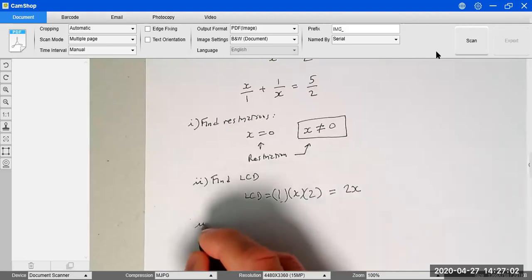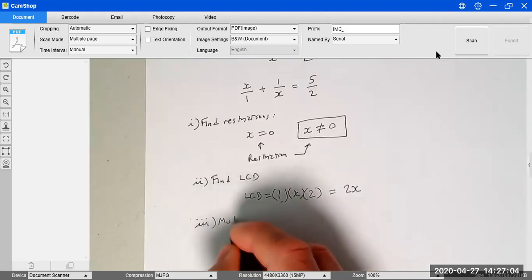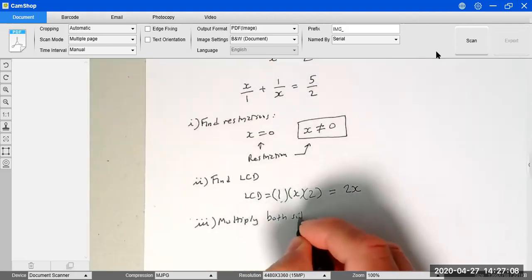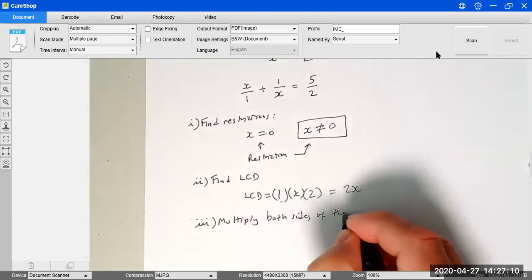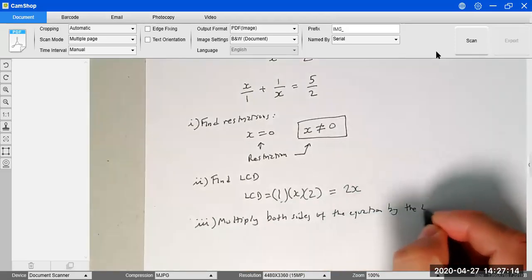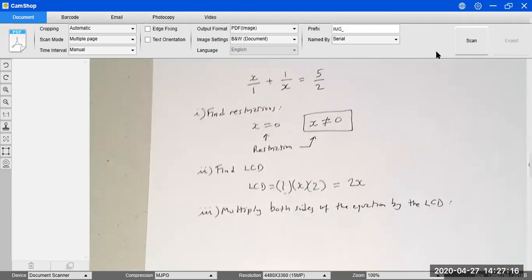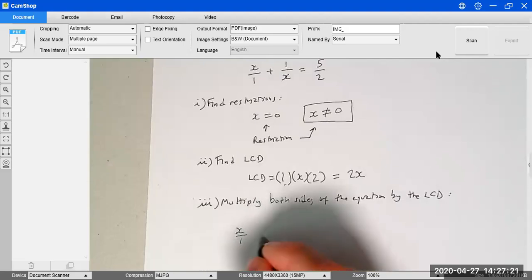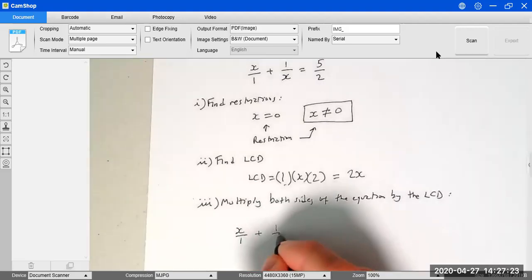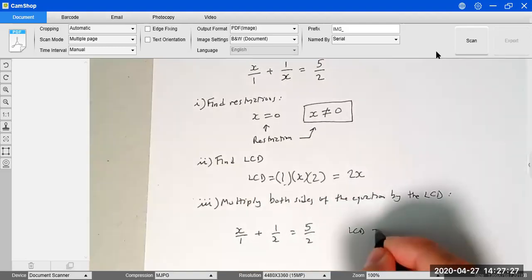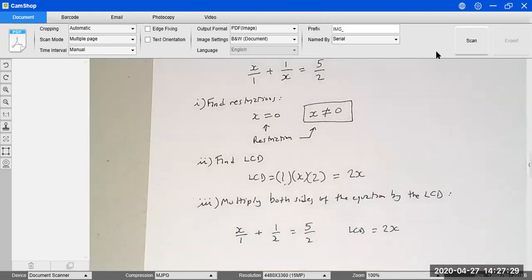Then I'm going to multiply both sides of the equation by the least common denominator. So I'm going to write my equation, x over 1 plus 1 over x equals 5 over 2, and I'm going to multiply everything by 2x.